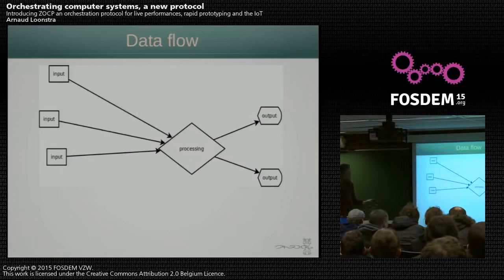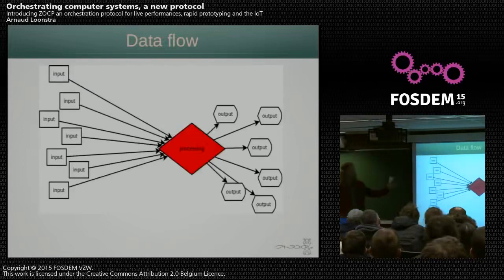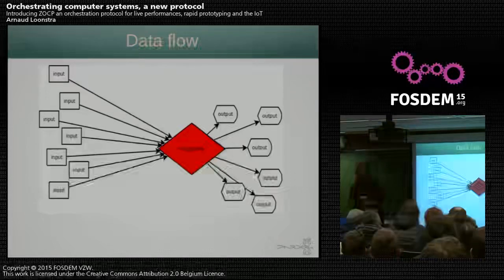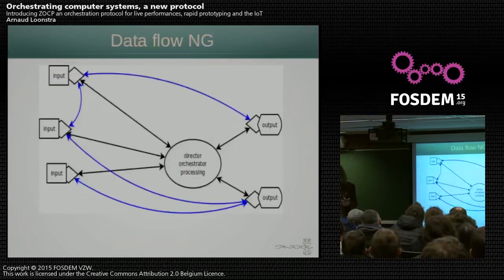Another situation we were seeing a lot of times: we had many inputs, we had many outputs, but we had a single point of processing. And of course, it would get worse as it increases. So this was also one of the motivations behind ZOCP. We were envisioning a system like this.